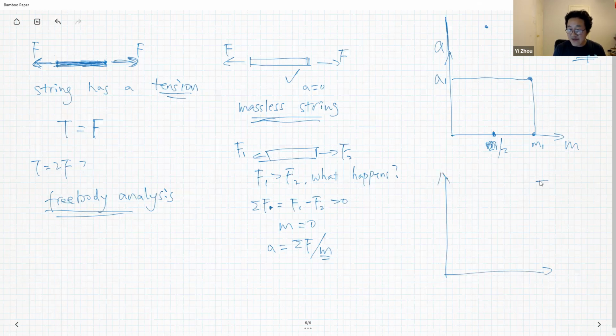For a constant F, our mass and acceleration relation will be something like this, because the formula is A equals F divided by M. So the greater the mass, the smaller the A. But the smaller the M, the greater the A. So if you look at this limit, when M goes to the limit of 0.